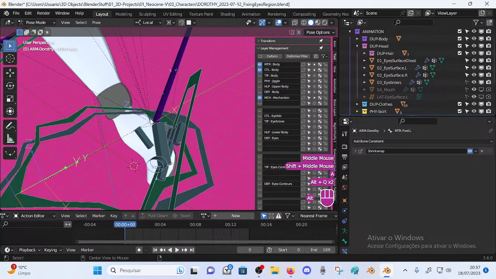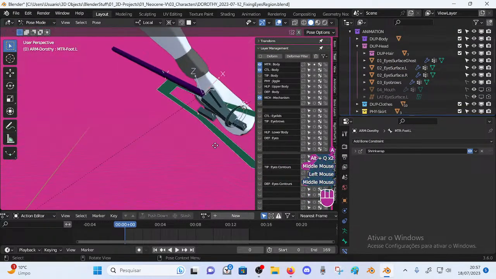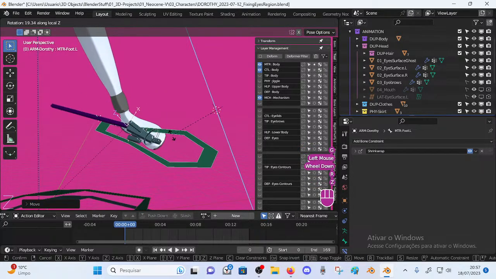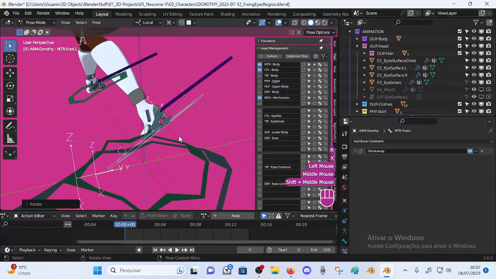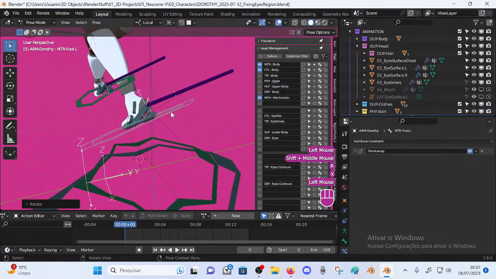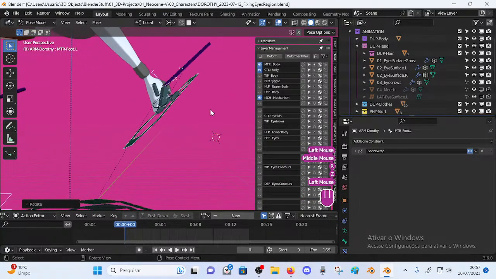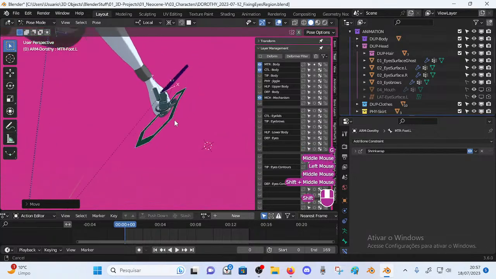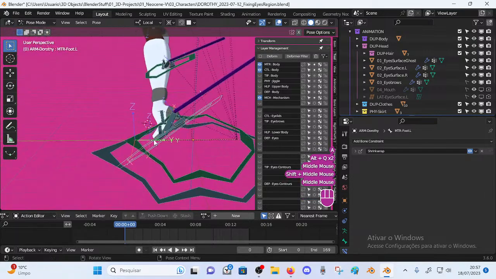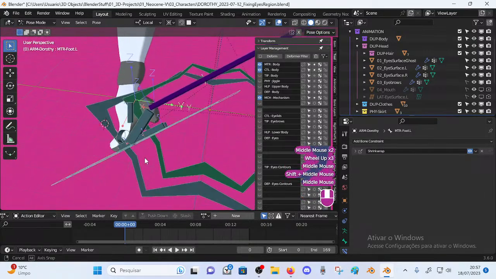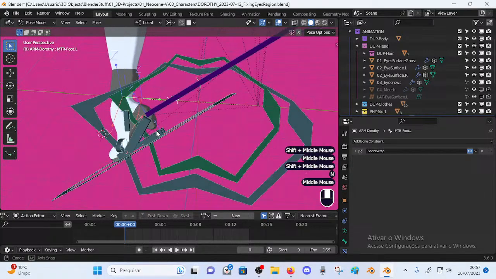Okay, so we have this whole business of advanced foot rigs where you have to create all this contraption. There are many good, excellent tutorials on this matter. This is a bit custom from what I've learned, but in principle it's not different from whatever already exists.